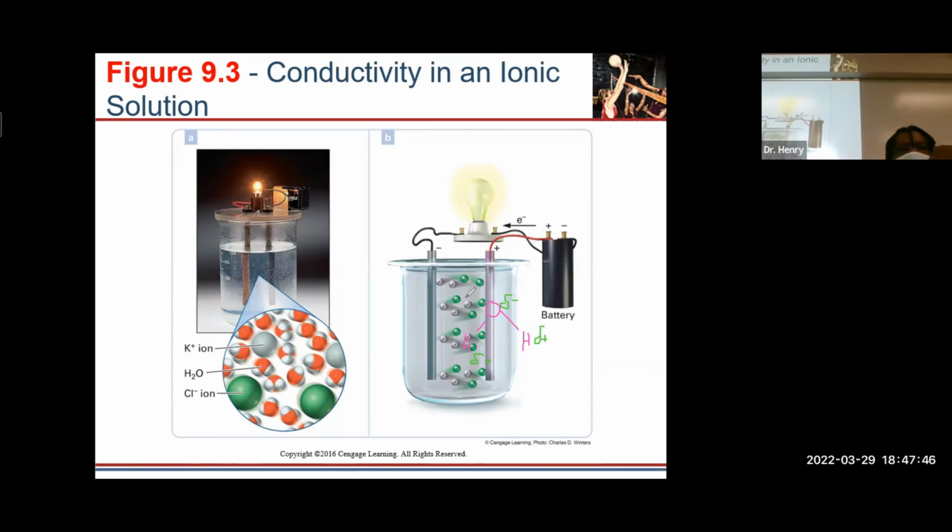And then as soon as you start the current going, what happens is that this one, which is now negative, attracts that positive. Well, then this is going to attract that negative. And then back and forth, back and forth, back and forth, so that the electron is able to be conducted across that plane.